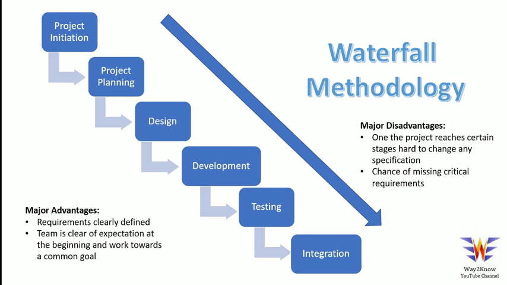So the design would be the output, and this design involves coming up with a block diagram, and then the things that need to be included for the success of this project. All these would be part of this design. Once the design is done, there will be development.